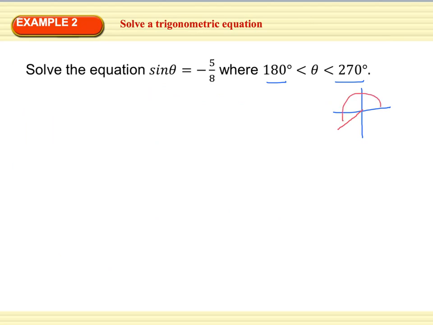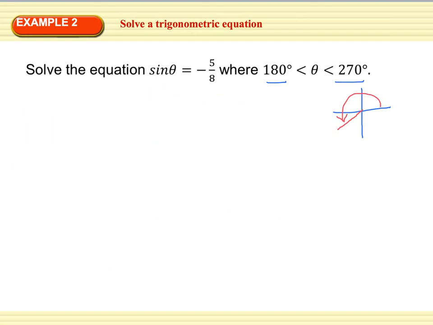So we're really looking for the angle measure, the inverse sine value, that will give us -5/8 that's going to fall in this 180 to 270. And again, 180 to 270 is going to fall right in here.